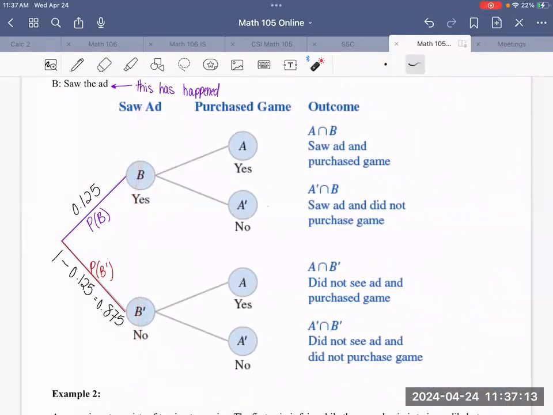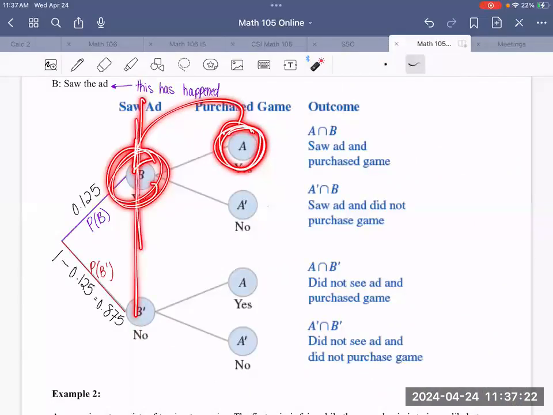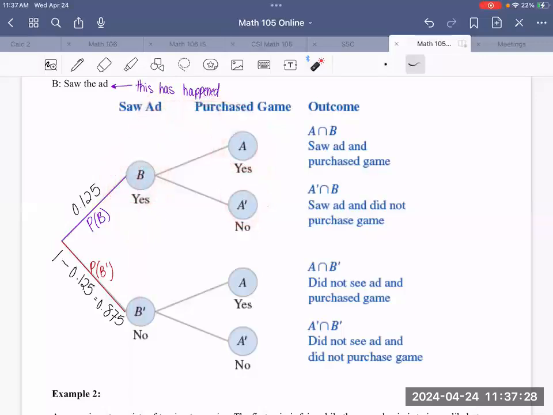So then what occurs next is based on, if we purchase the ad over here, B has already resulted. You saw the ad, and then you either purchased the game or you didn't purchase the game.